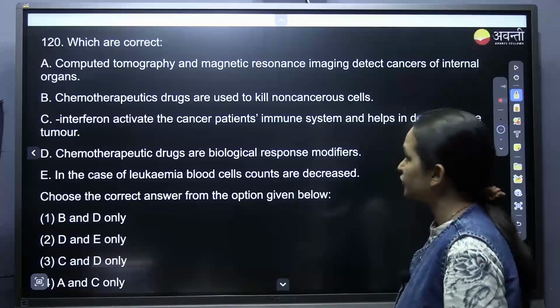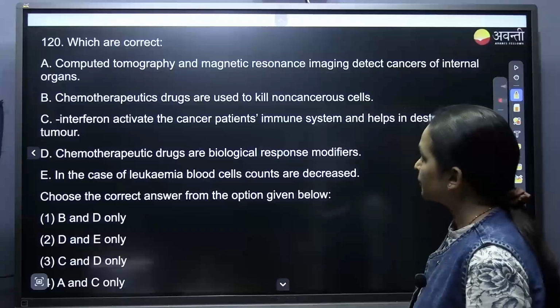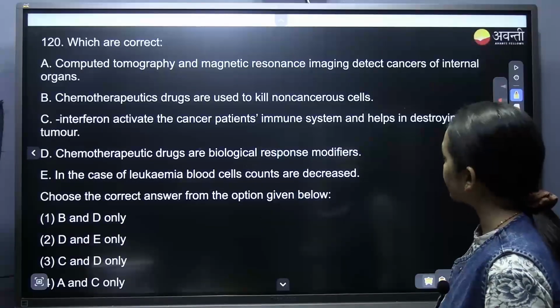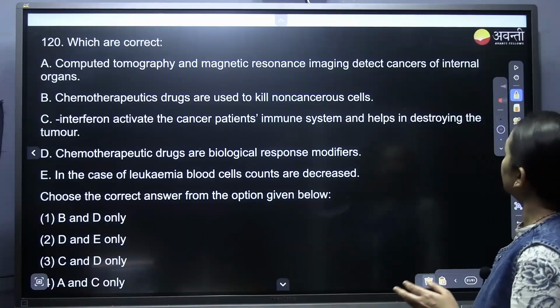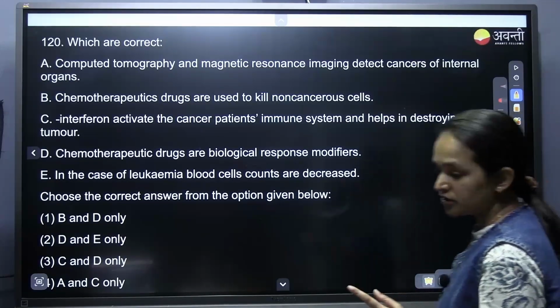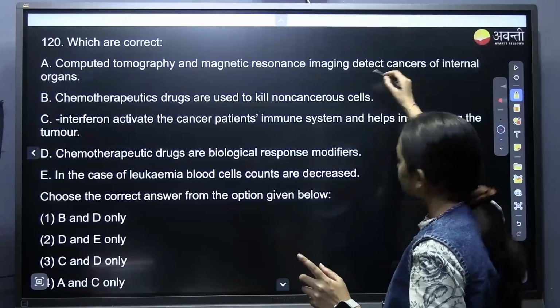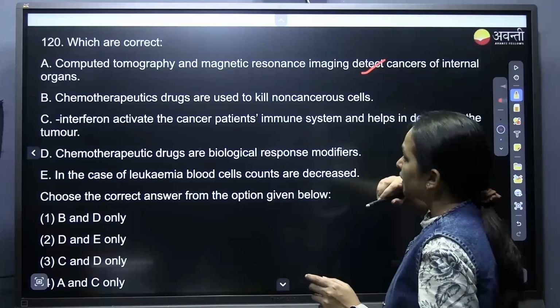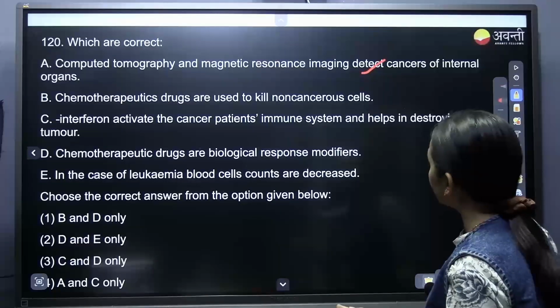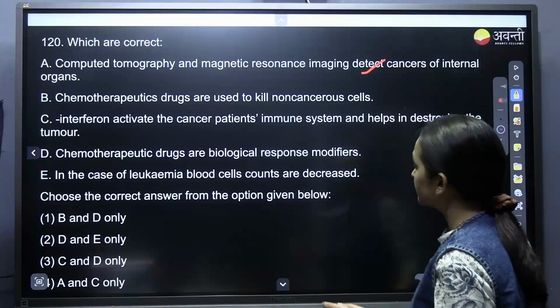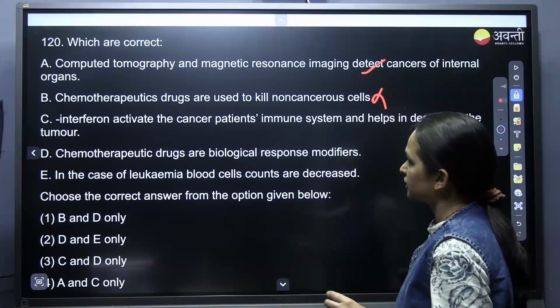We need to find which are correct. Computed tomography and magnetic resonance imaging, that is CT and MRI, detect cancer of internal organs? Yes, correct. Chemotherapeutic drugs are used to kill non-cancerous cells? No, to kill cancerous cells.